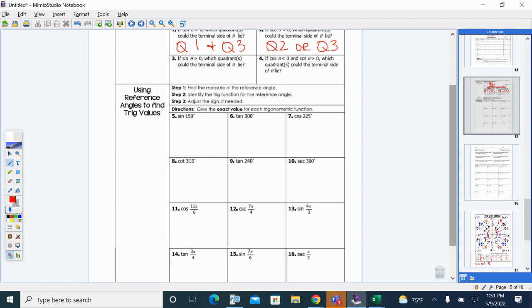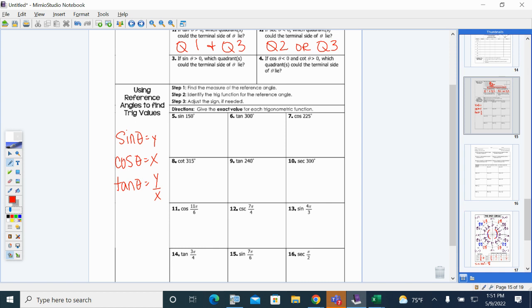So the directions here tell us to give the exact value for each trig function. And remember that your sine is your y, cosine is the x, and tangent is y over x.